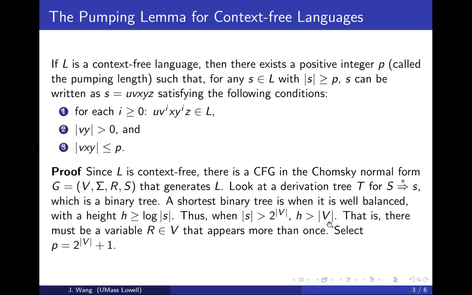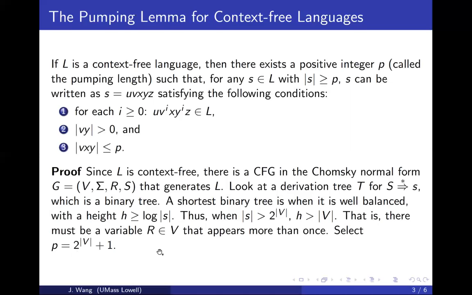That means there is at least one path of this derivation tree with one variable appearing more than once. So there must be a variable R that appears more than once. So we simply select p, the pumping length, to be 2 to the size of V plus 1.